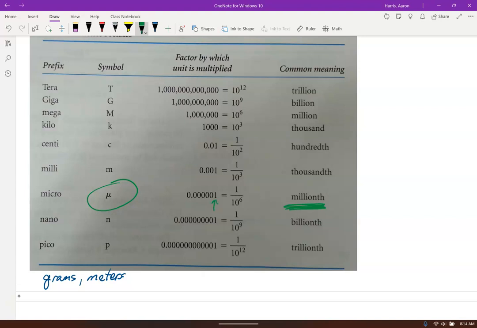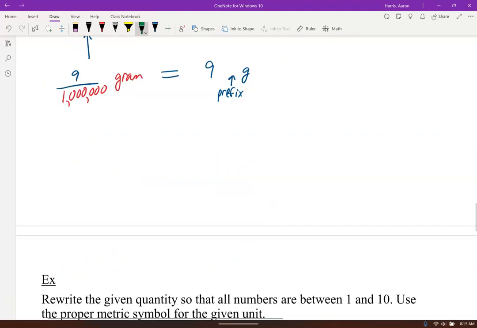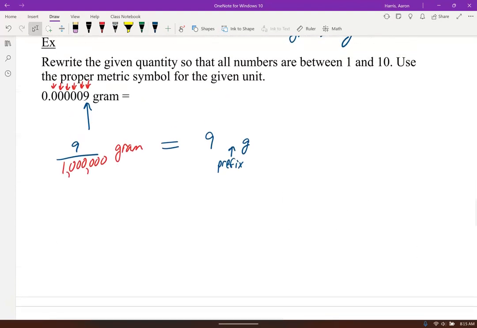That's right there, 10 to the 6th, 1 over a million. So we'll put that as a micro. And by the way, this symbol is mu, that's the Greek letter mu there. But we say micro. Okay, so microgram. 9 micrograms. Let me erase this. So 9 micrograms. Any questions on that?